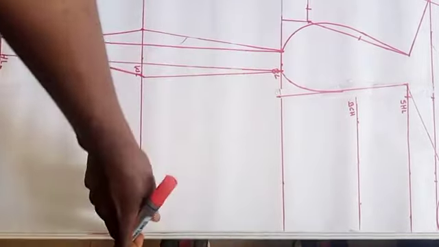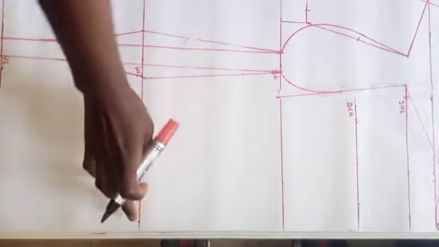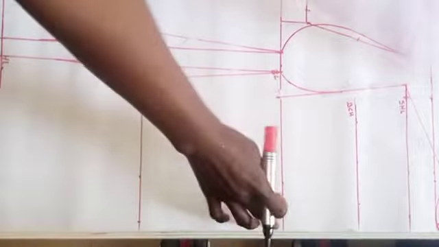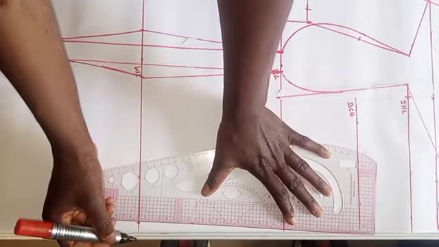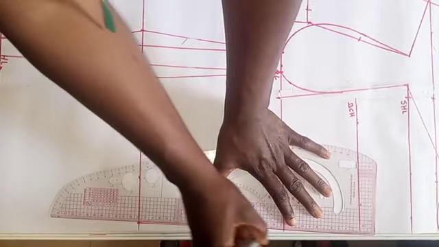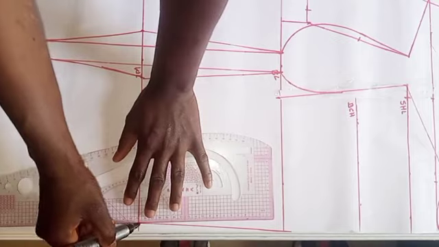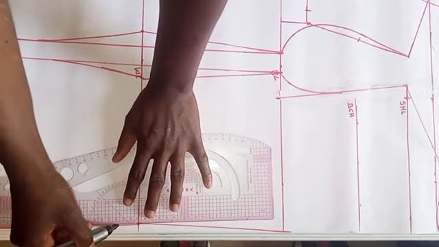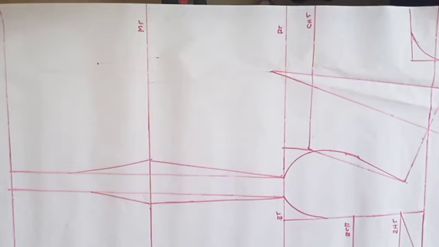Then we connect it to the bust line and to the hip line using a straight line like this. So this is to eliminate the zip bulge at the back.